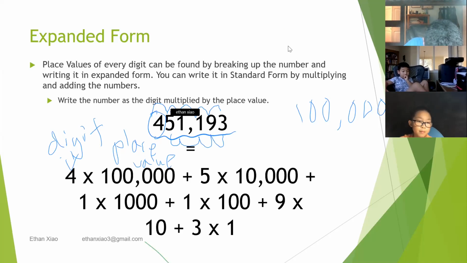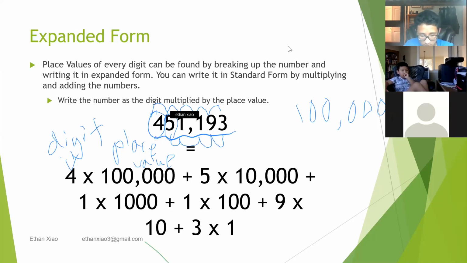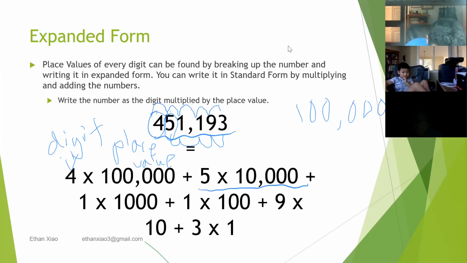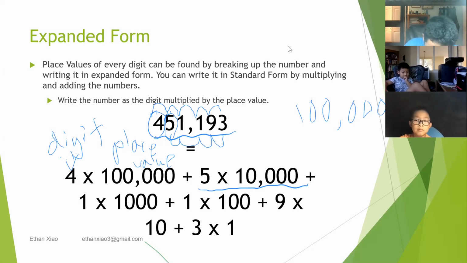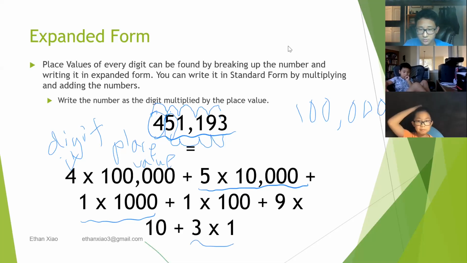I found that 5 is the 10,000s digit since it's 4 spaces away from the ones digit. So I wrote that here. Next we go to 1. It's 1 times 1,000 since 1 is 3 spaces away from the ones digit. We keep doing this with all the numbers from left to right until we get to the ones digit. For the ones digit, we write 3 times 1, since we already know that it's the ones digit and we don't need to count anymore.